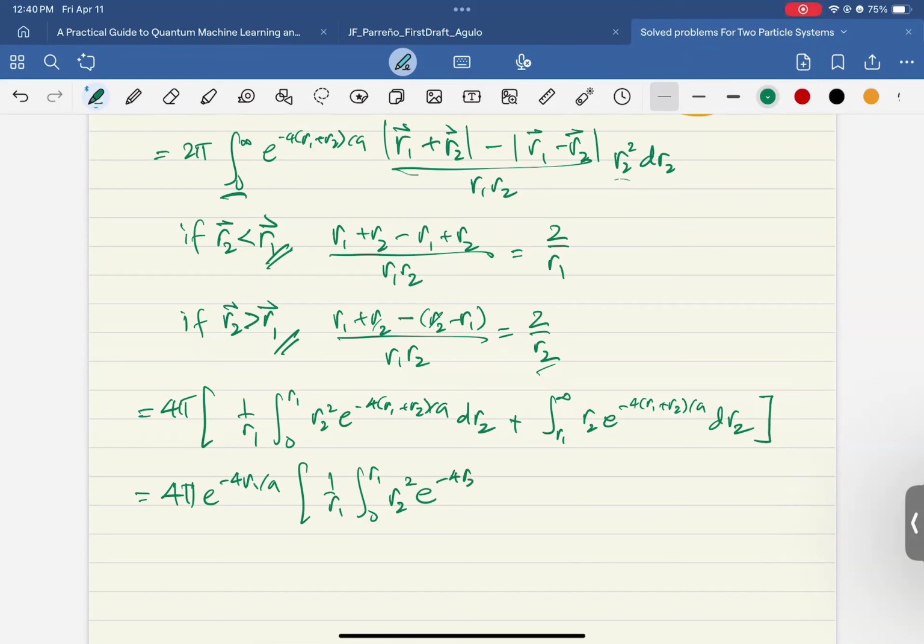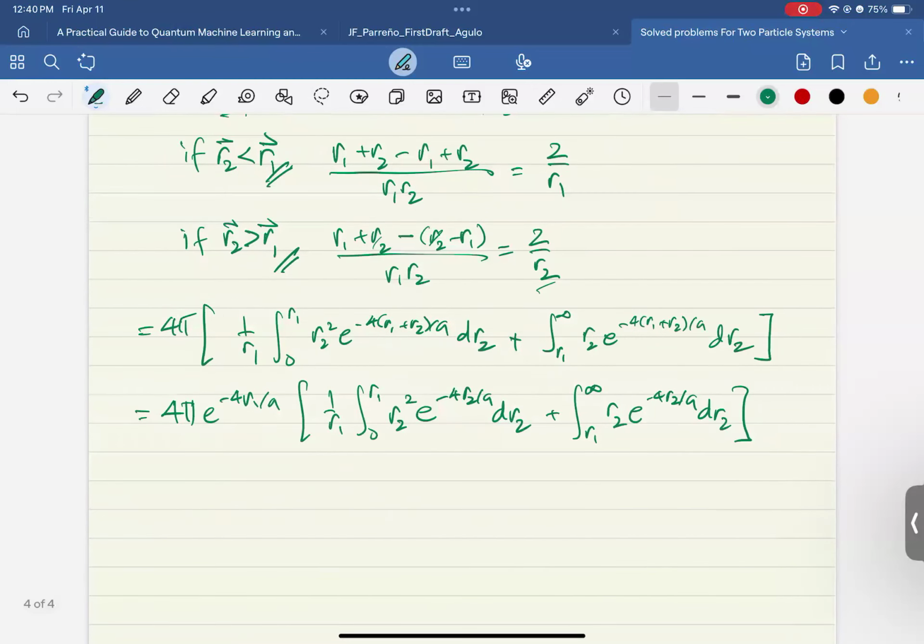Minus 4 R2 over A dr2 plus integral from R1 to infinity. Now, R2 exponential minus 4 R2 over A dr2. Okay?